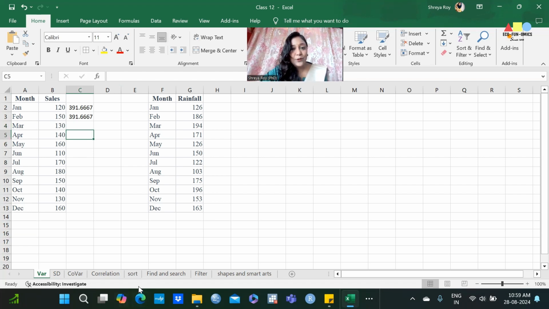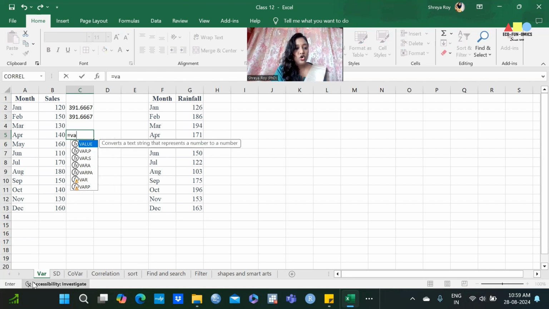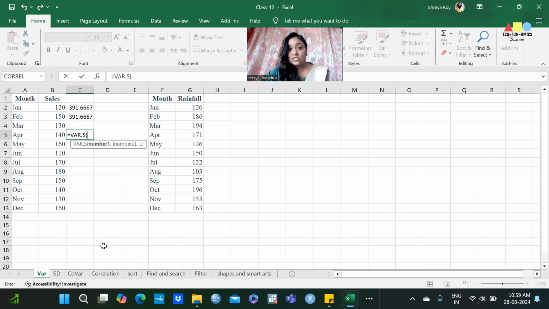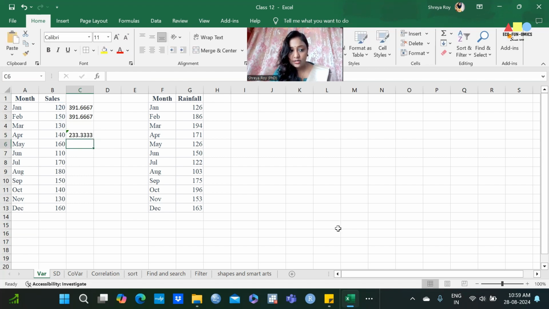Now, let's understand what happens if I want to calculate the sample variance: =VAR.S, which stands for sample. Let's take the first quarter, close bracket, enter.